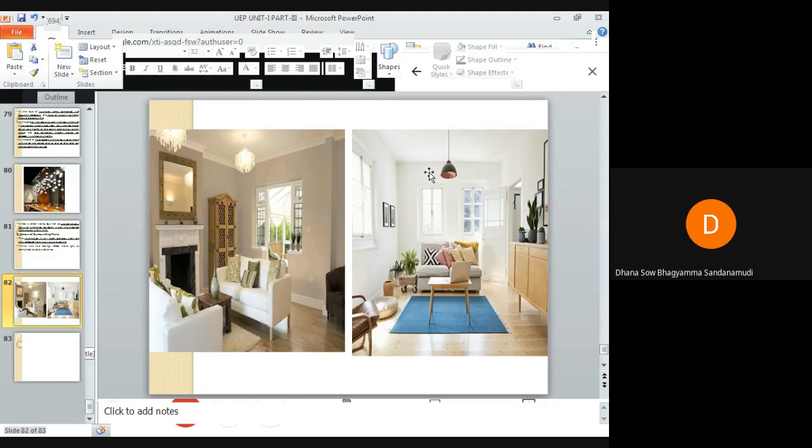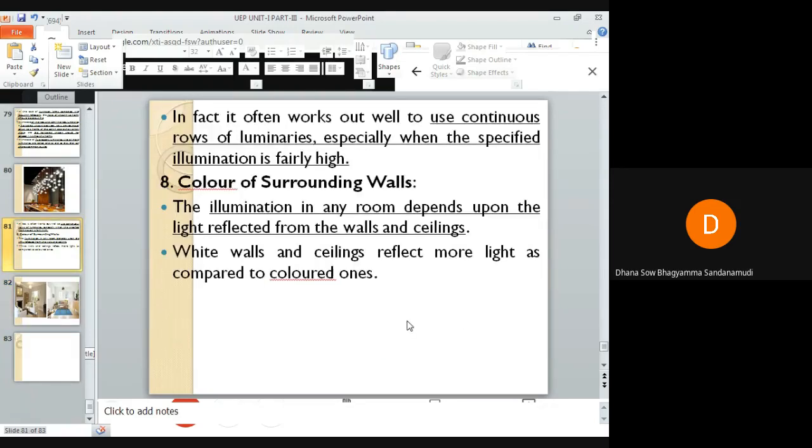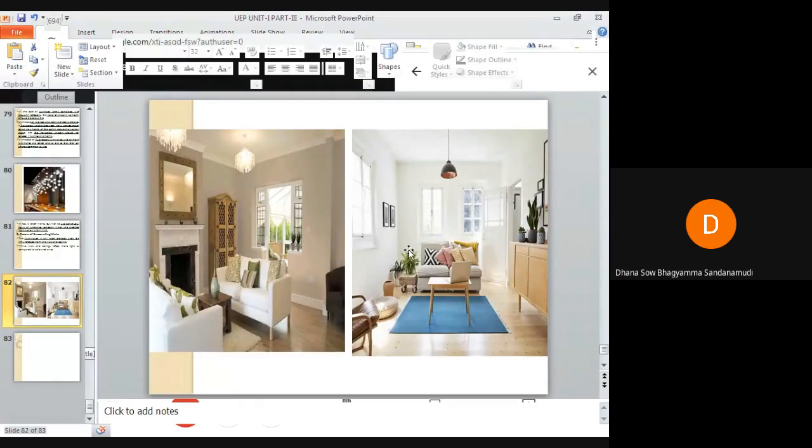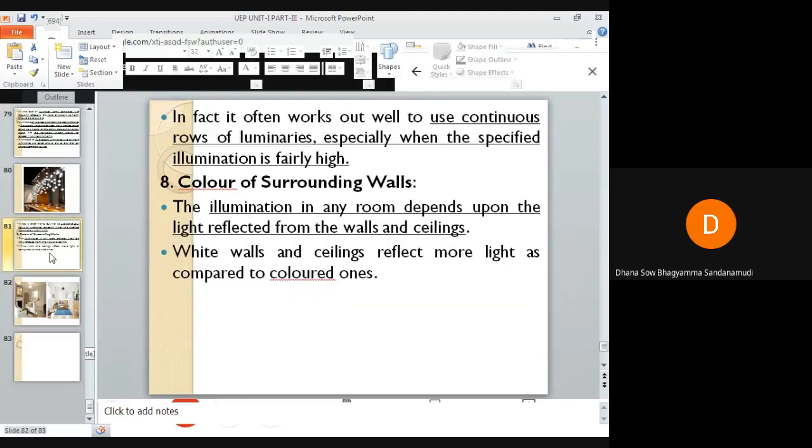In this room the walls are painted white, therefore it looks brighter. White color reflects and gives out more illumination, even though you provide many more lamps in the room. If the walls are painted white, it reflects more and looks brighter.